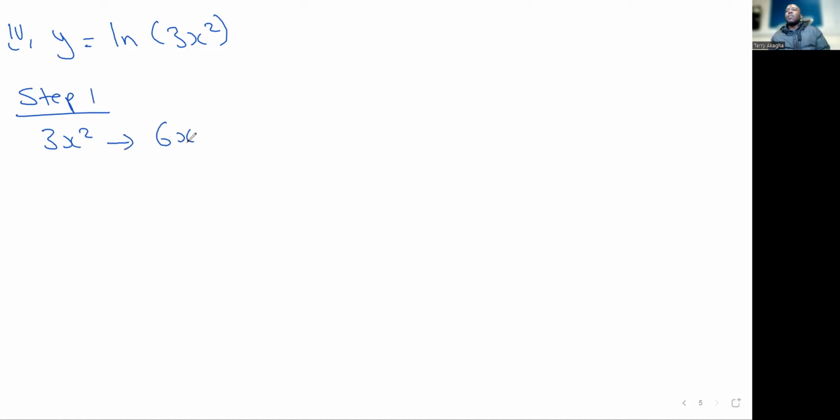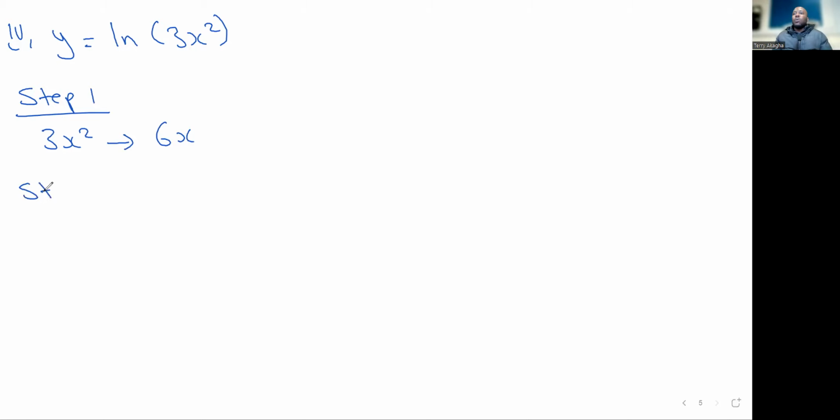Maybe I can just fling in one more. Let's say we have y is equal to ln 3x squared. Same thing, it does not really matter. Step 1, what is in the bracket? We have 3x squared. You differentiate this, it's going to give you 6x.